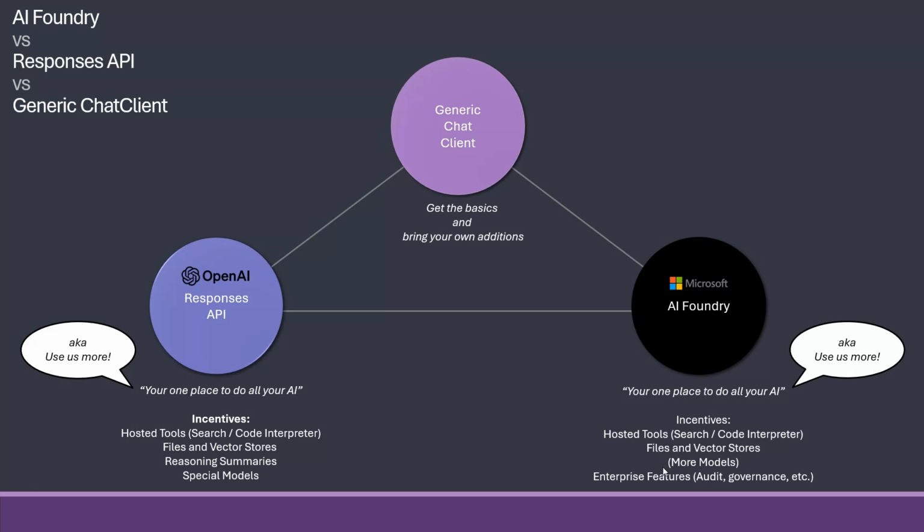I put that in here, but when it comes to agents, it's more or less only the OpenAI models, but we will talk about that a bit more. And then, as is normal for Microsoft, it brings a lot of enterprise features: audit, governance, monitoring, tracing, and such things.